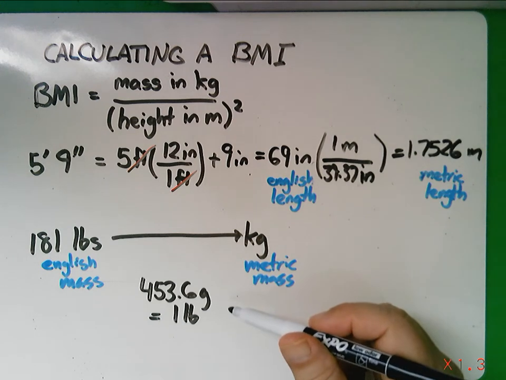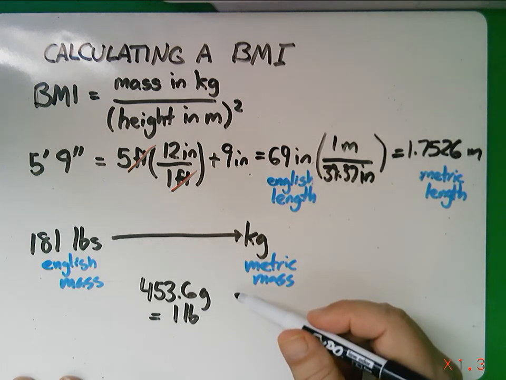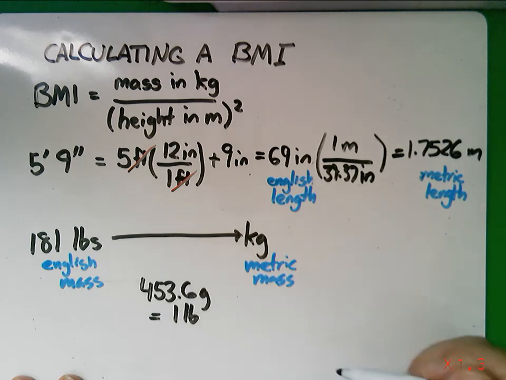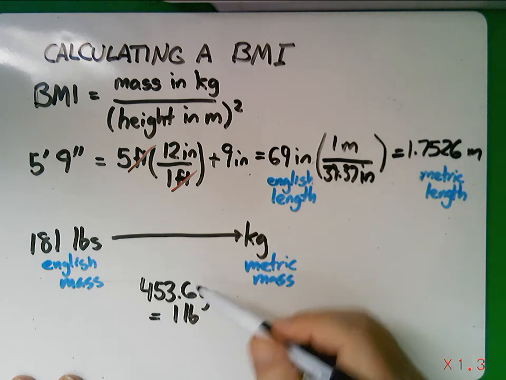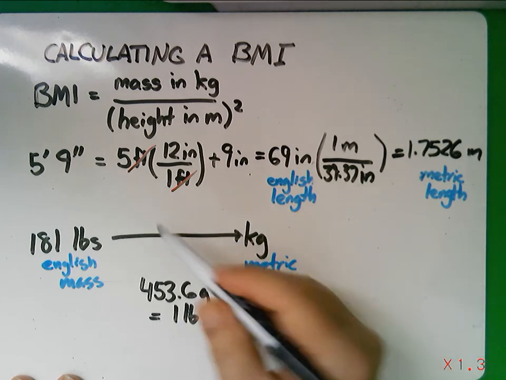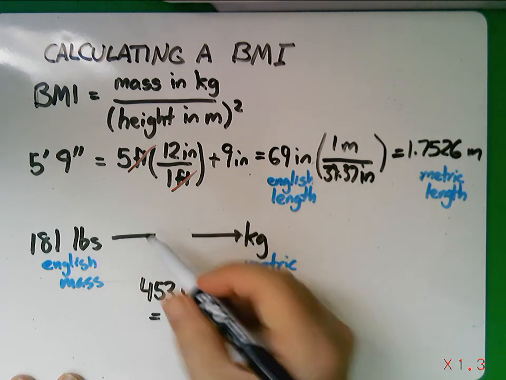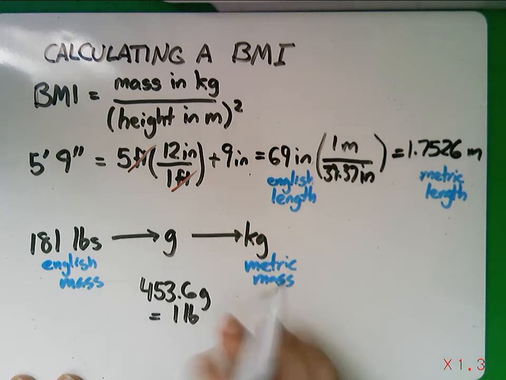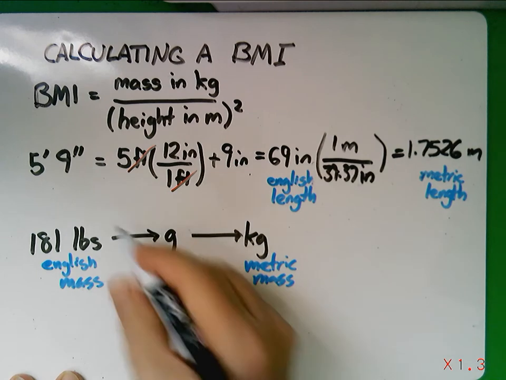Let's take a look at what I got here. It's my critical link because it bridges English mass to metric mass, but I don't have any grams in my roadmap. I have pounds. I'm going to have to stop here at grams to use this. So let's move this up here.